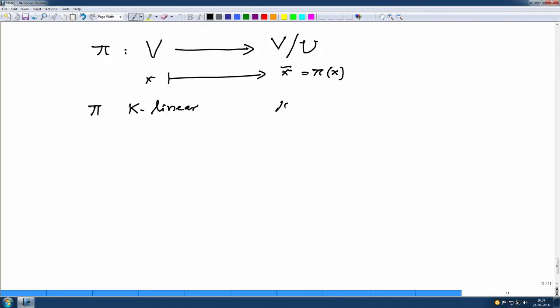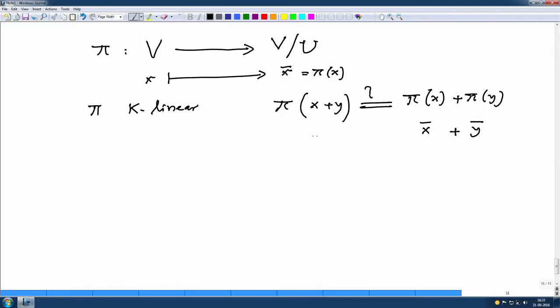That means I have to check pi of x plus y equals pi x plus pi y, or in this notation it is x bar plus y bar and this is x plus y bar, and I want to check this equality. But well, that is how we have defined it. We do not have to check anything because this is how the sum in V by U is defined.